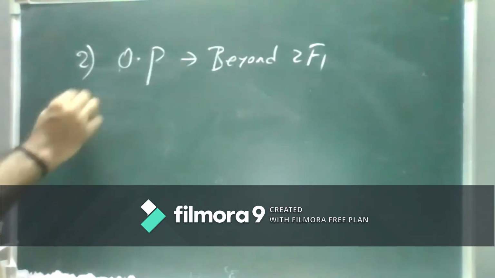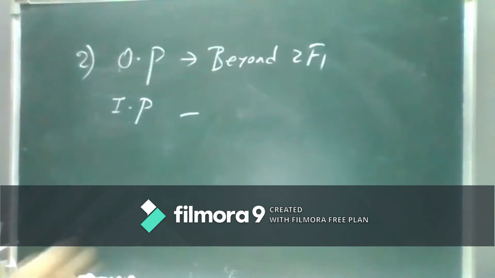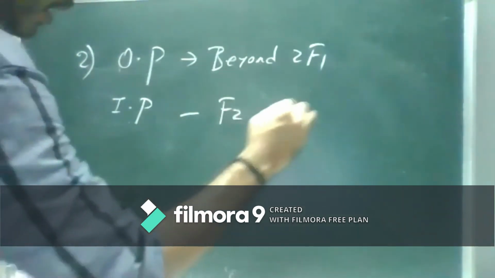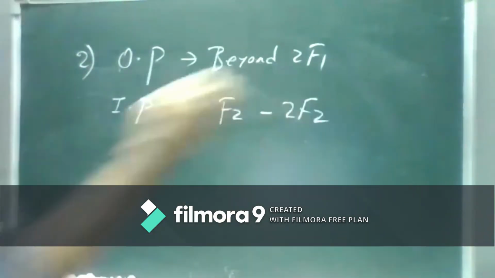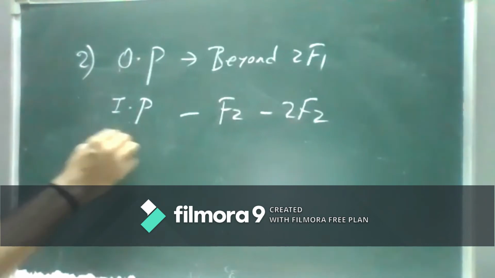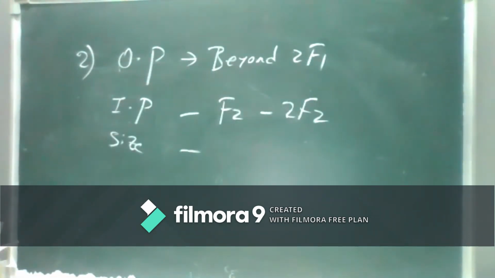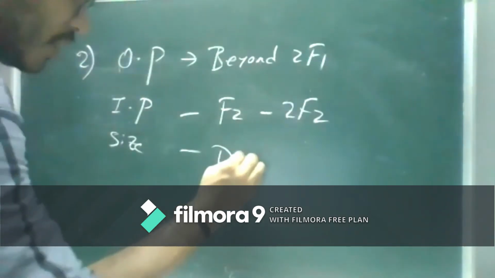The image position is formed between F2 and 2F2. As for its size, the image is diminished, so it will be smaller, but it is not highly diminished.